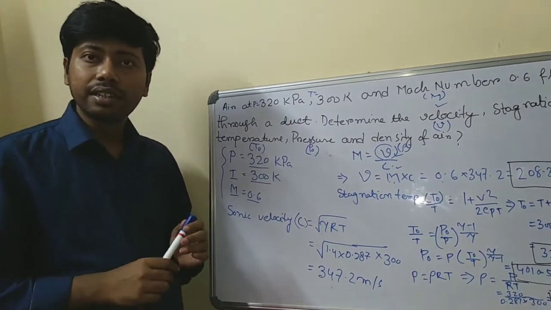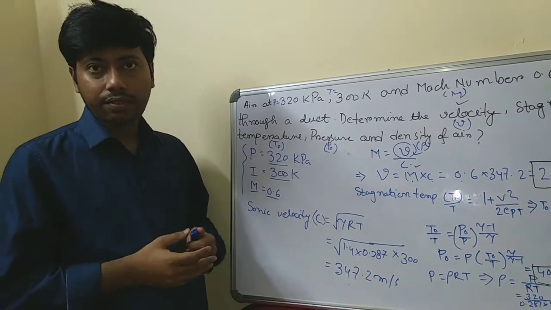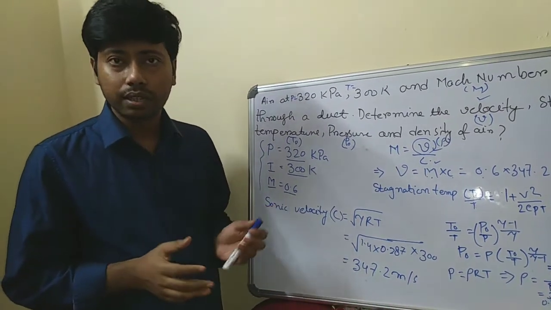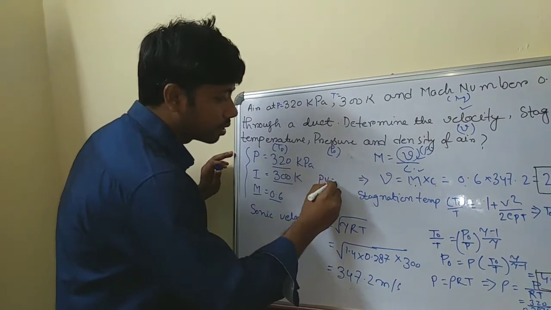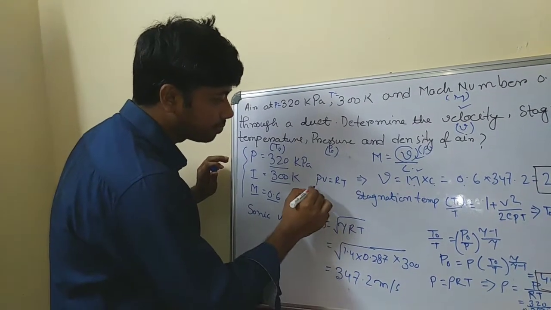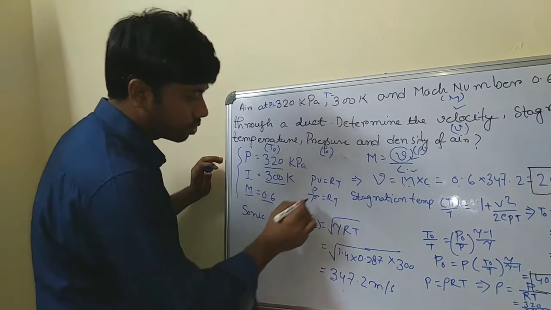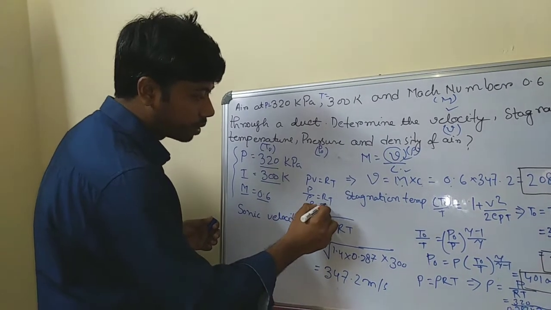Now, the last part of the numerical is the density of air. When you calculate the density of air, you know that any ideal gas follows the equation P V is equal to RT. It can also be written as P by rho is equal to RT, because V is equal to 1 by rho. So rho is equal to P by RT.